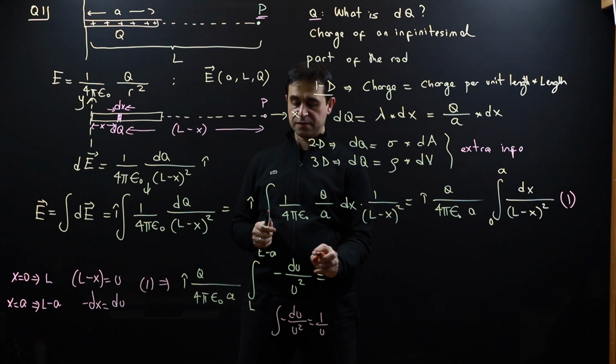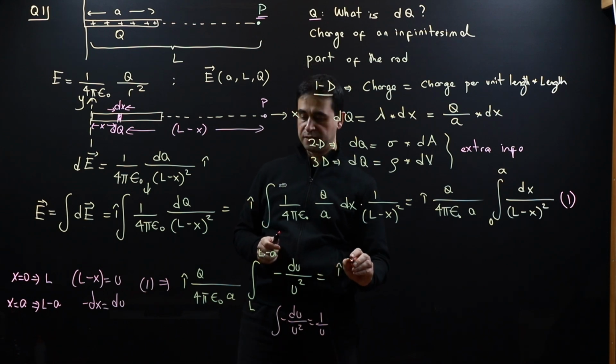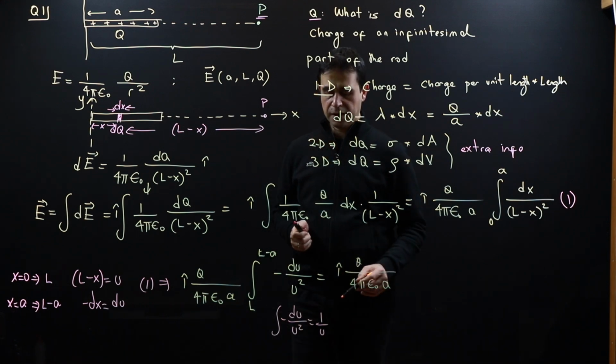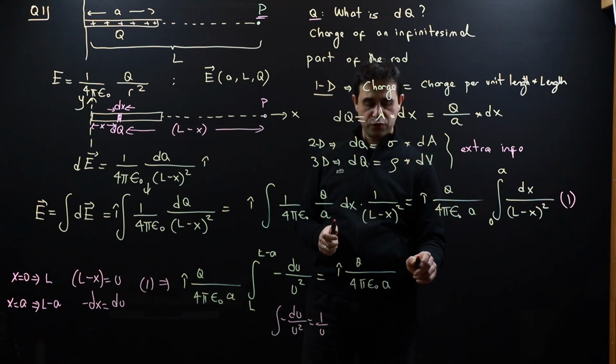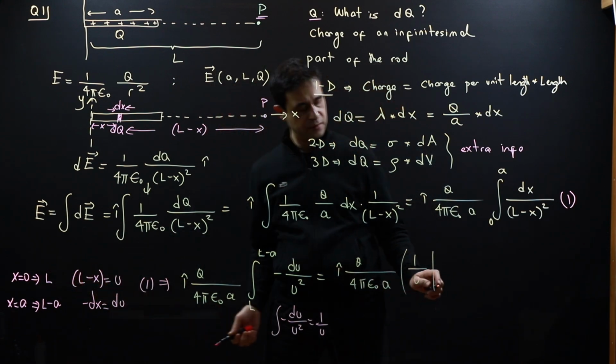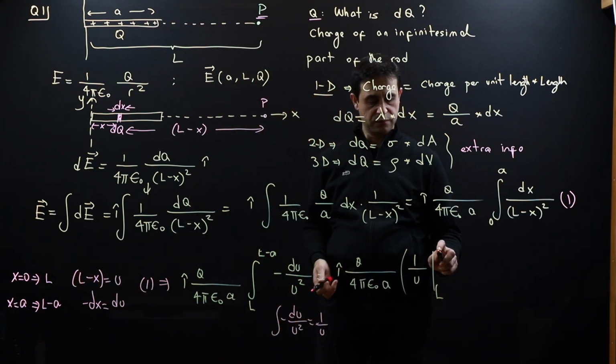And now I can simply integrate that. That's i hat again, q divided by 4 pi epsilon 0 a, times this term 1 over u. Remember that the range of this integral is, the initial one is L, and the final one is L minus a.